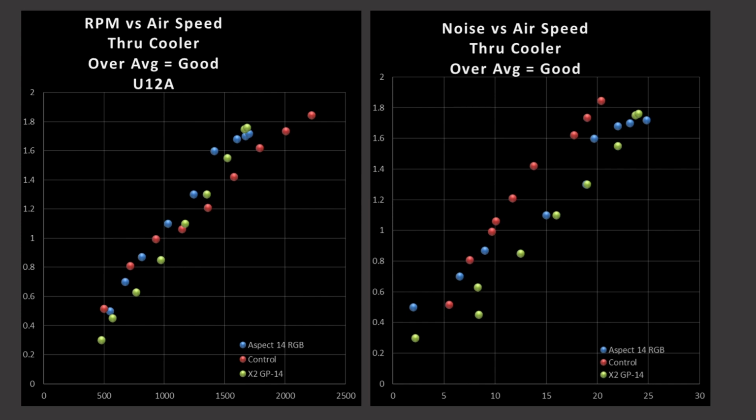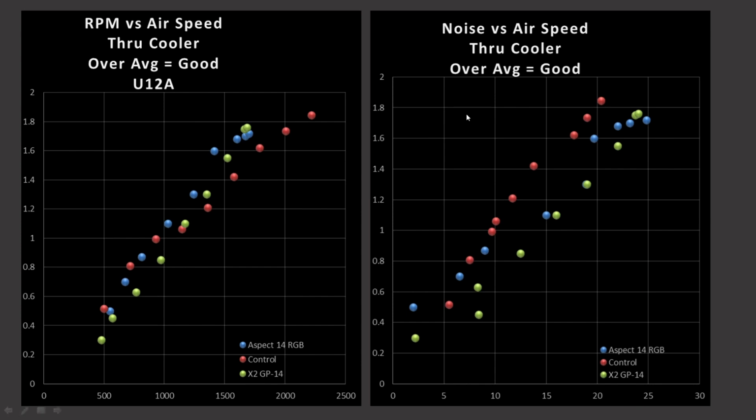So it's how effective is this particular blade design at shoving air through a restriction, i.e. the heatsink. So we can see my control fan sitting right here, and as we reach higher RPMs, air speeds, the 240mm class fans tend to have a better performance overall compared to the control fan. However, at lower RPMs and air speeds, the control fan tends to do a little bit better.